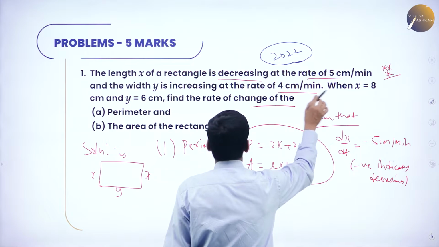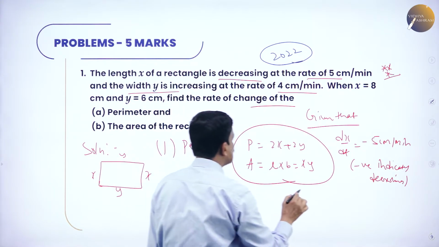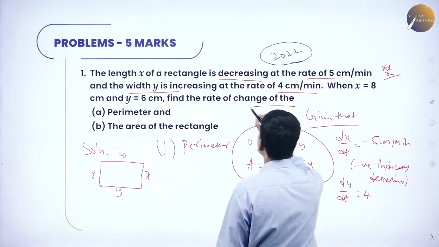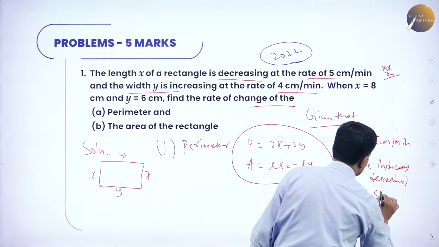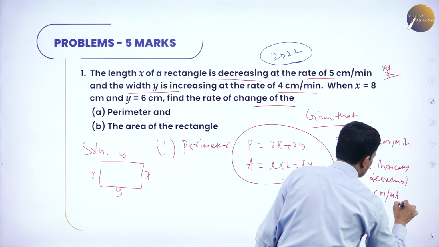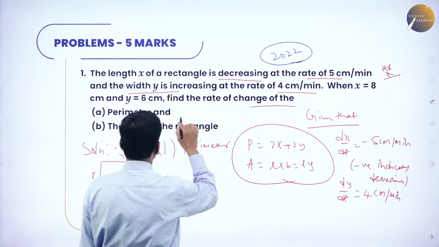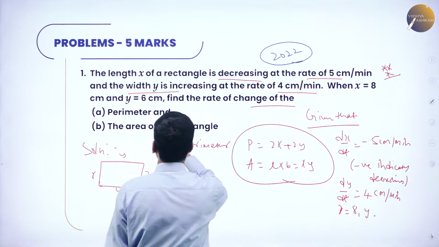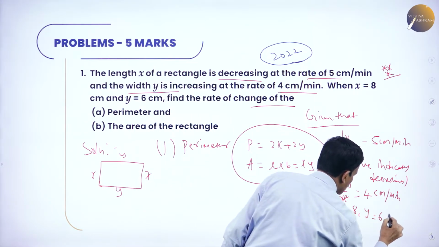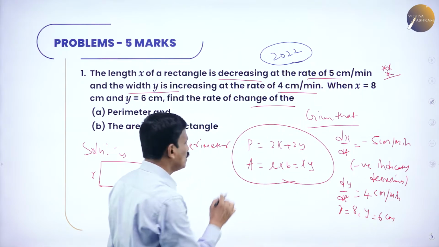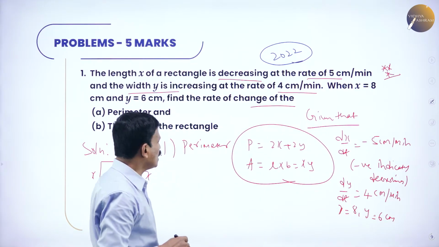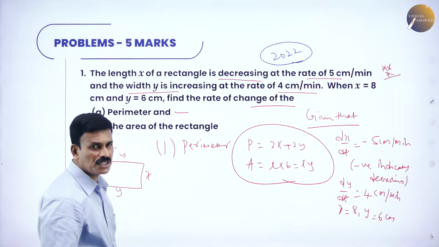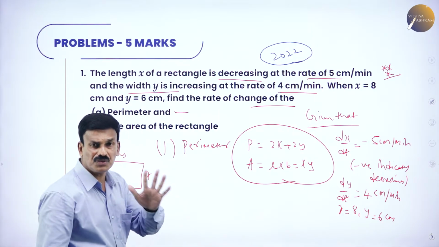And the width y is increasing, dy by dt is equal to 4 centimeters per minute. And when x is equal to 8 and y is equal to 6 centimeters, find the rate of change of perimeter and rate of change of area. This is the given quantity, very important for 5 marks.